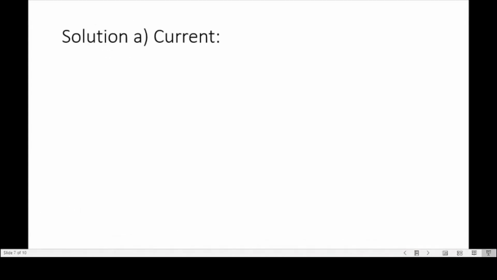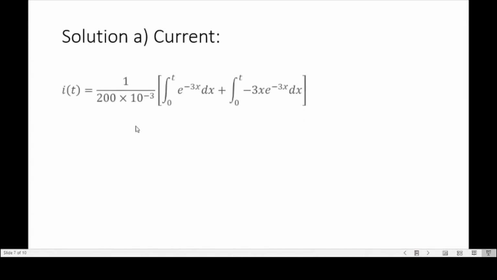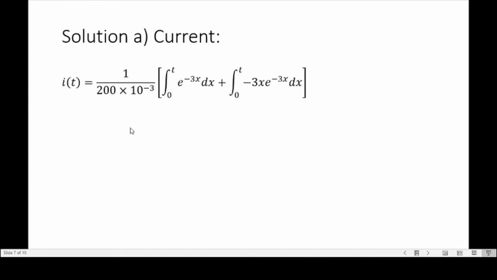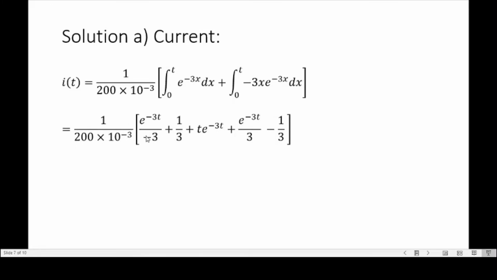Okay, so now we've solved for two integrals, and we could sub them into the original equation. So we solve for this integral, and we solve for this integral. Let's put it all together. As we can see, these terms, this one and this one, cancel out, and this one, 1 over 3, and negative 1 over 3 cancel out.